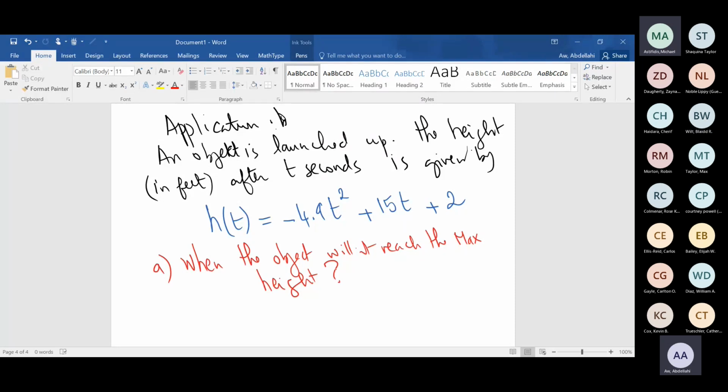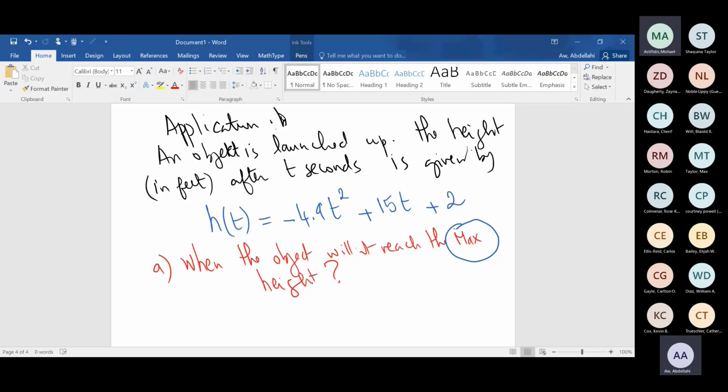We saw that in test number 1. At the ground, the height is 0. We set the equation to 0 and we solved it. But here I said, when will the object reach the maximum height? Because it's talking about the maximum, the answer will be in the vertex, right? Because of this keyword maximum, I know the answer will be in the vertex.